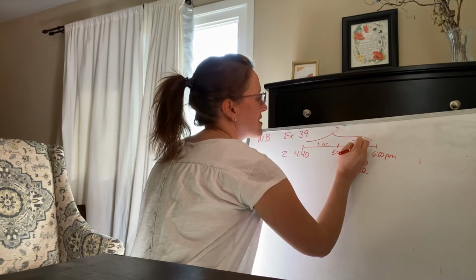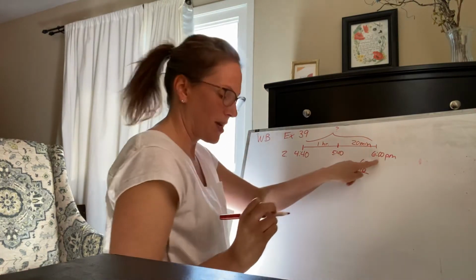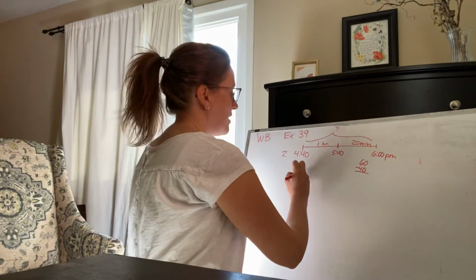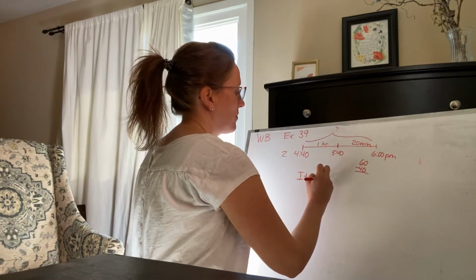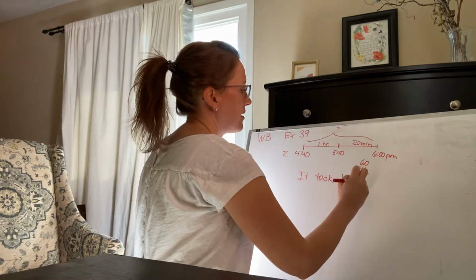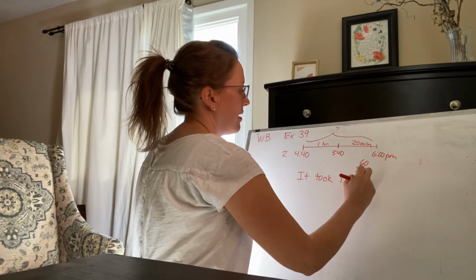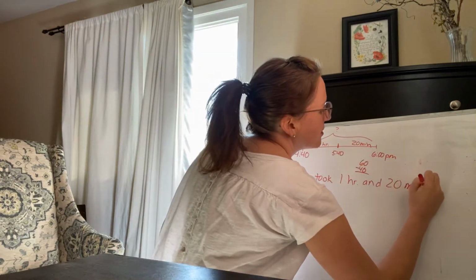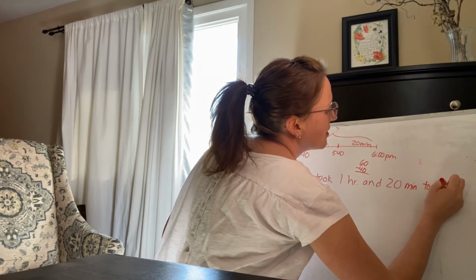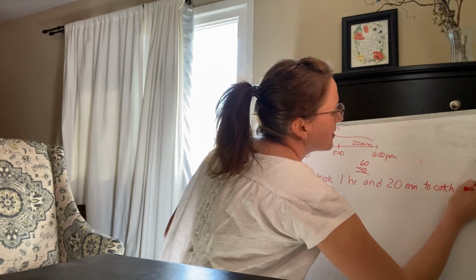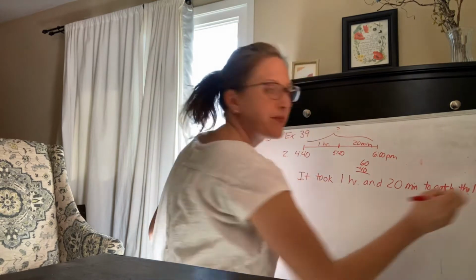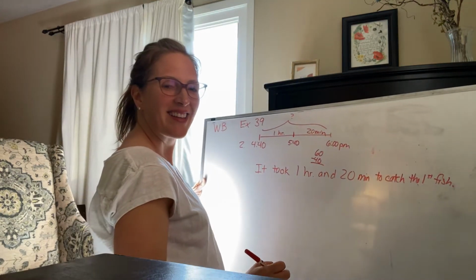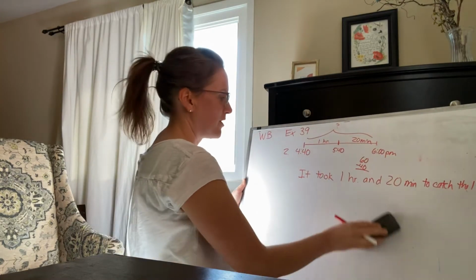We had 20 minutes left between 5:40 and 6 p.m. So to answer the question, it took 1 hour and 20 minutes to catch the first fish. Okay? I think you can see that. Went a little bit long. Sorry about that.